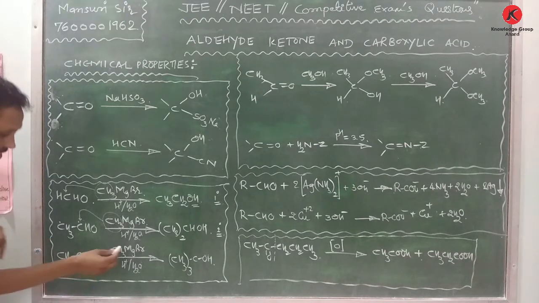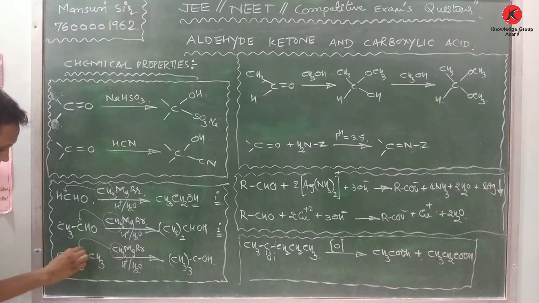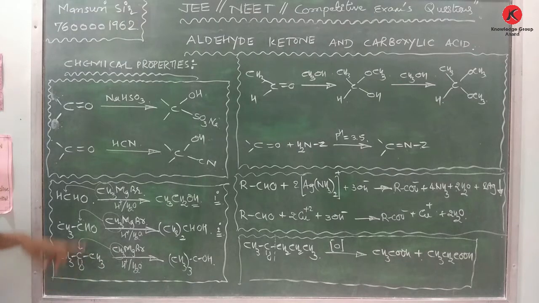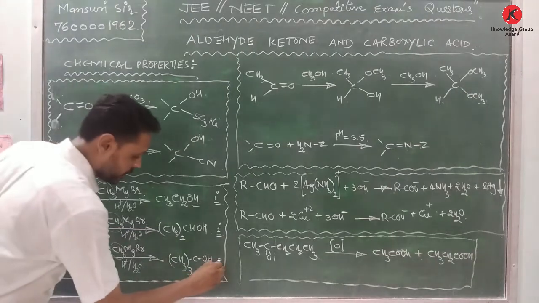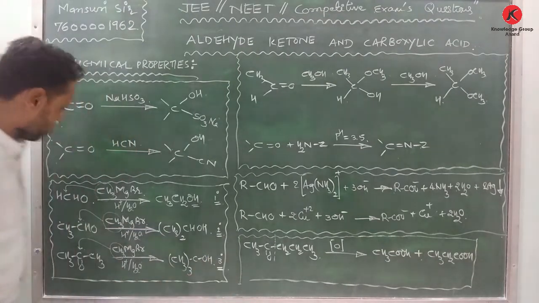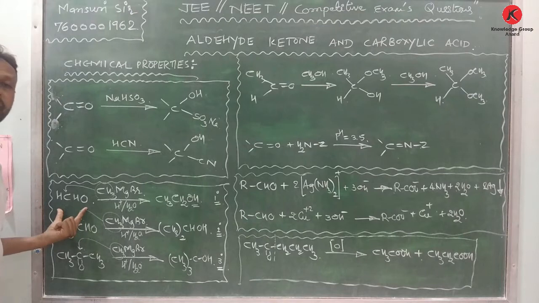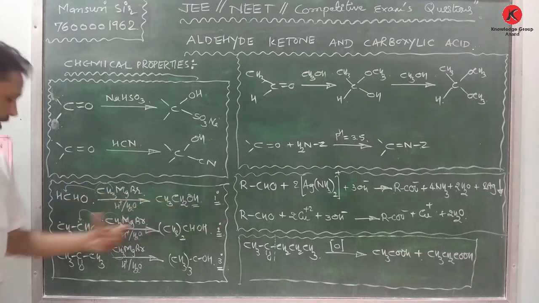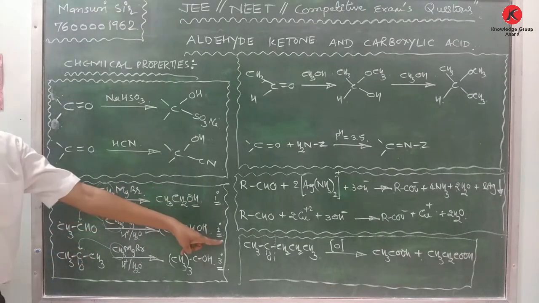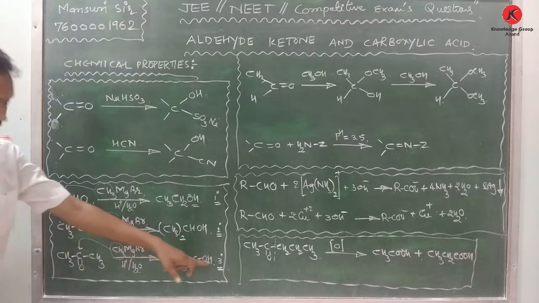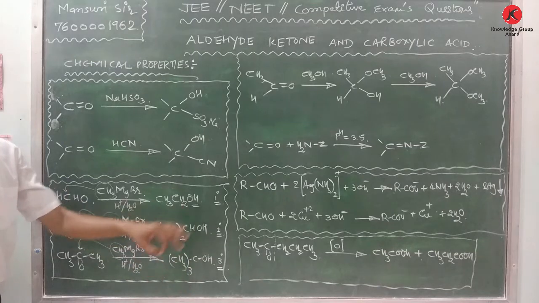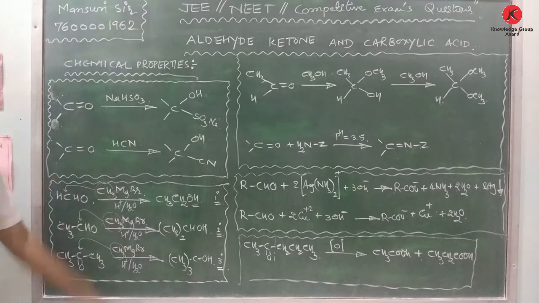When Grignard reactant reacts with this carbonyl group, then tertiary alcohol is obtained. So we can say that when methanal is given, primary alcohol is obtained, when ethanal is given, secondary alcohol is obtained, and when acetone is given, then tertiary alcohol will be obtained by hydrolysis.